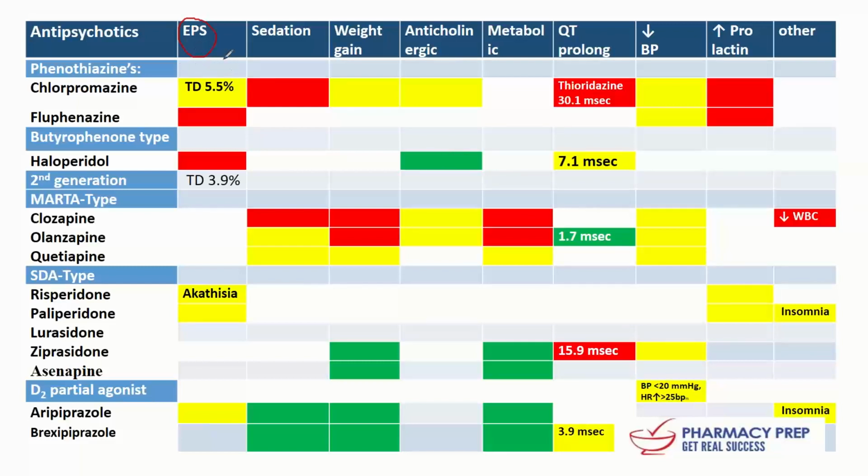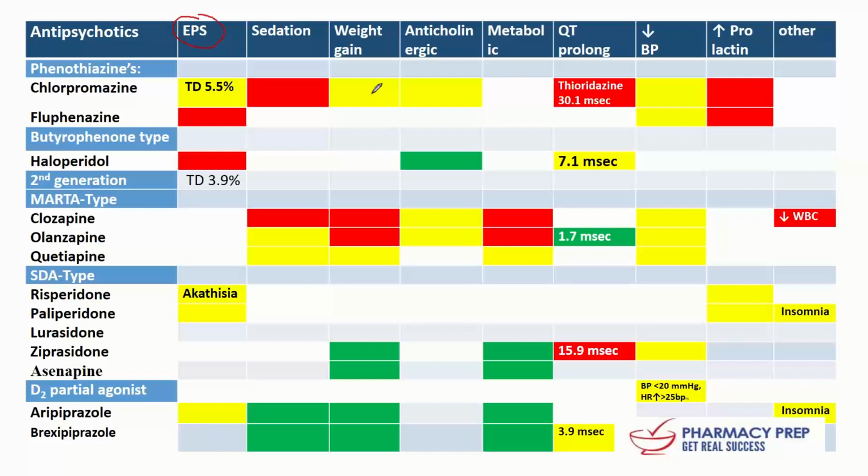So now let's start with the first thing, EPS, because this is a very classical side effect of all antipsychotic drugs. Basically, all antipsychotic drugs have one common problem, that is extrapyramidal symptoms, in short known as EPS.